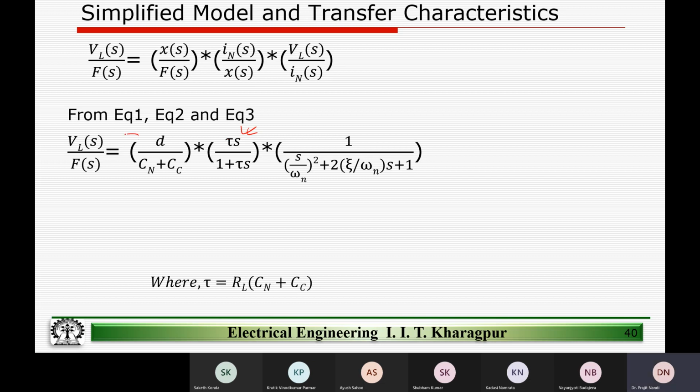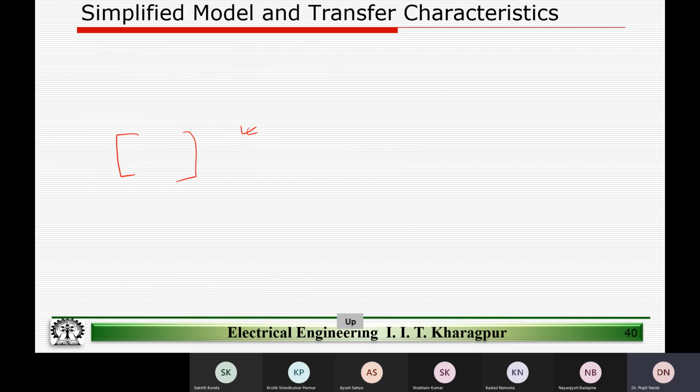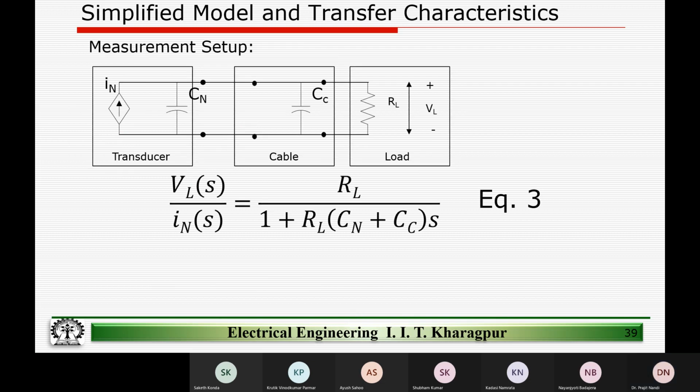And on top of it, we also have this as a fraction. So for sure, Cn divided by Cn plus Cc will also work as an attenuation, meaning whatever signal you are going to get, you are going to attenuate it further. Basically what is happening in this setup is the piezoelectric crystal is giving us some information.